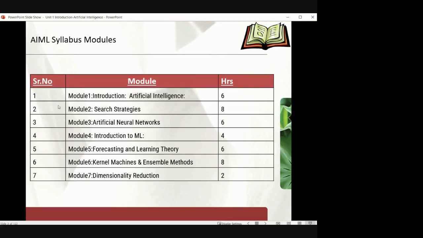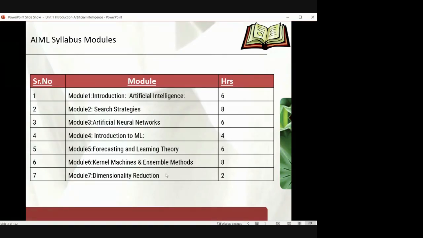The first module is the basic introduction of artificial intelligence, then search strategies, artificial neural network. Then, as your subject itself says, it is divided into 2 parts, that is artificial intelligence and machine learning. From module 4 to 7, you are having machine learning concepts: introduction to machine learning, then forecasting and learning theory, where you will learn all the supervised and unsupervised algorithms again.